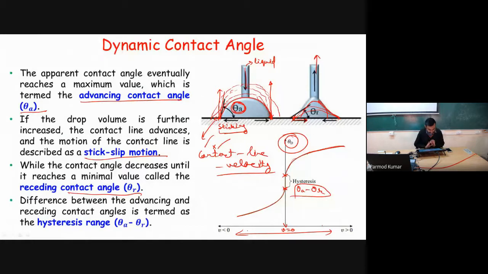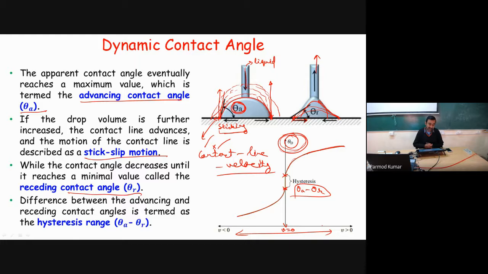So let me once again repeat over here. The overall idea of contact line modeling is that the motion of the contact line has a strong control on the value of the contact angle which we get. Depending upon the velocity of the contact line motion, the value of the contact angle changes instantaneously.